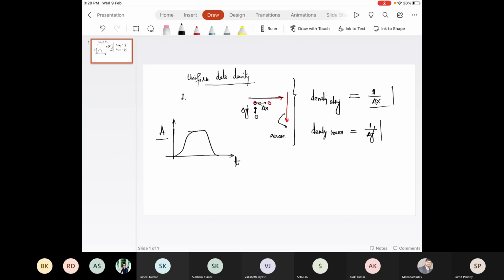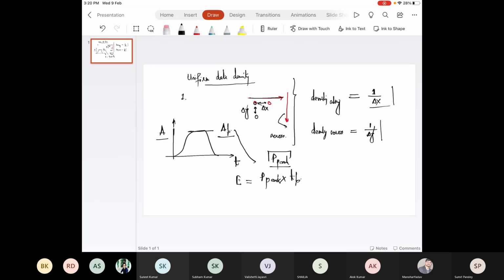This is the peak amplitude, AP. Corresponding to peak amplitude, we have a peak power. Peak power within a laser pulse, then the energy is calculated as peak power into TP.